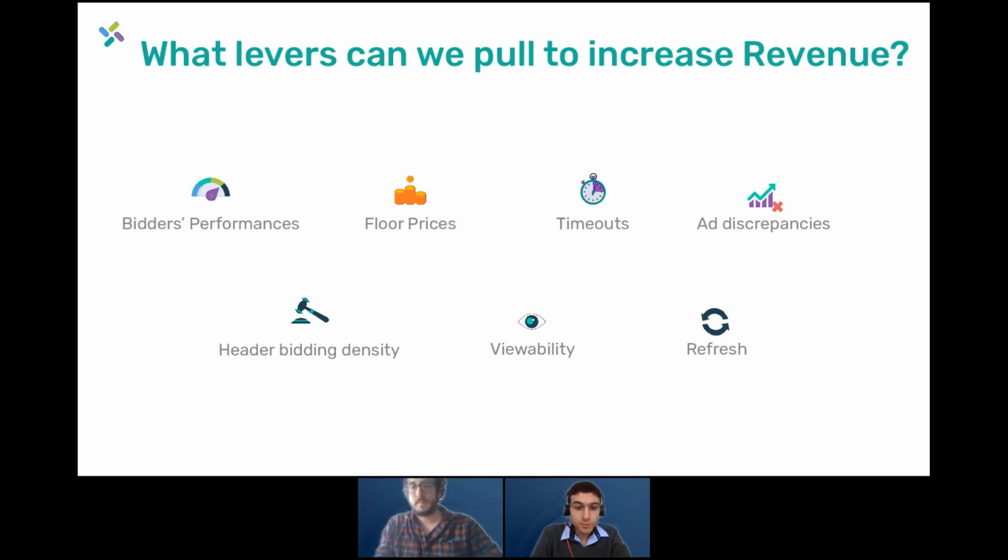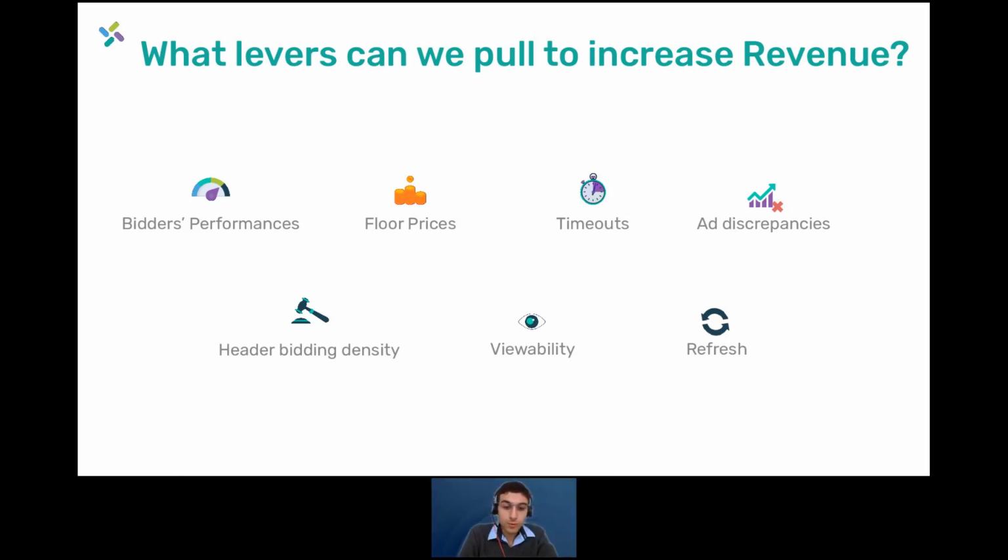Finally, I will speak about header bidding density and what this metric shows about the state of the competition on your inventory. And in the end, Adrien will share with you the insights that we found on viewability, what is the impact of viewability numbers, and what you can do about it, and also refresh.